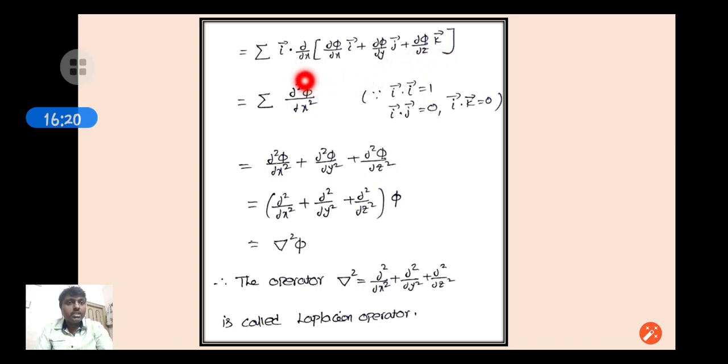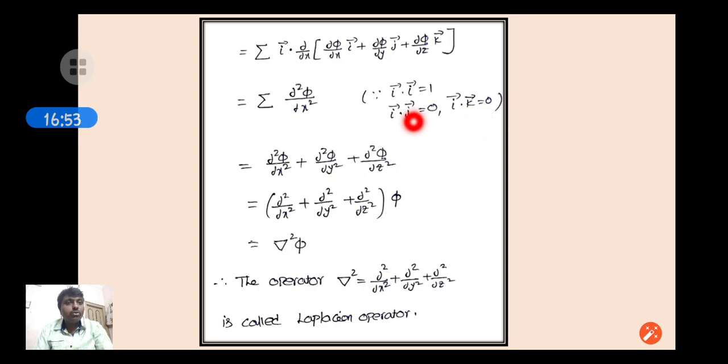Now apply the partial derivative ∂/∂x to grad phi. Then I am getting ∂²phi/∂x² i bar plus ∂²phi/∂x∂y j bar plus ∂²phi/∂x∂z k bar. After that you apply the dot product with i bar. We know that i bar dot i bar is equal to 1, i bar dot j bar is equal to 0, i bar dot k bar is equal to 0.